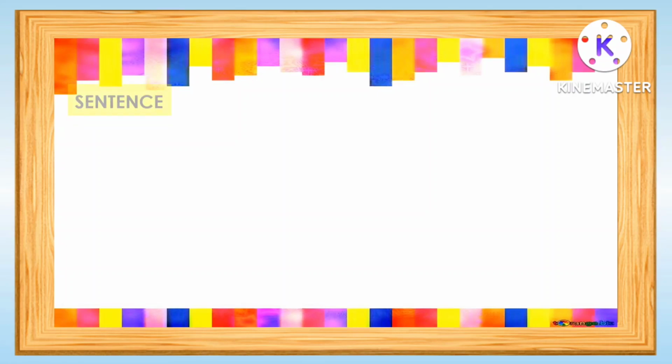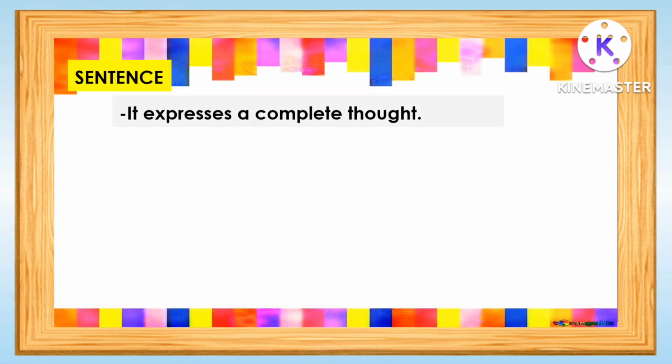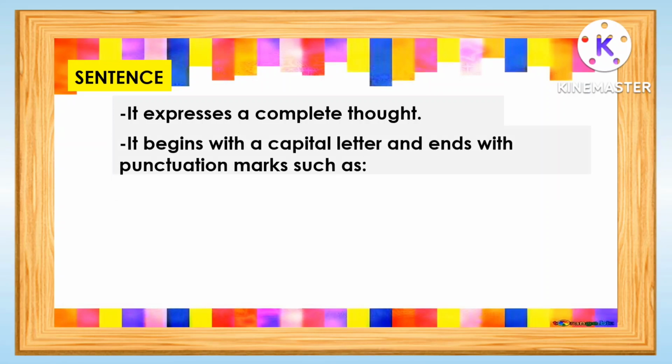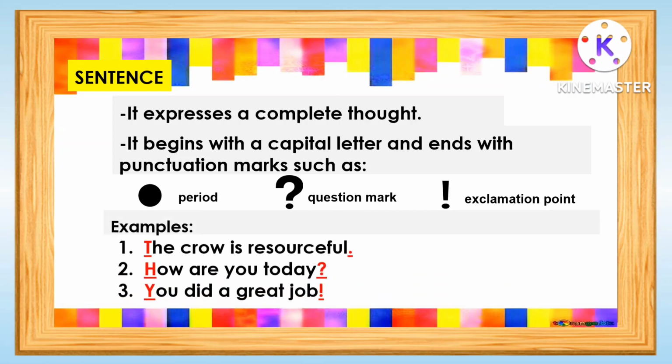Now let's have a sentence. When we say sentence, it expresses a complete thought. It also begins with a capital letter and ends with the punctuation marks such as period, question mark, and exclamation point. Now let's have the examples. For number 1, the crow is resourceful.